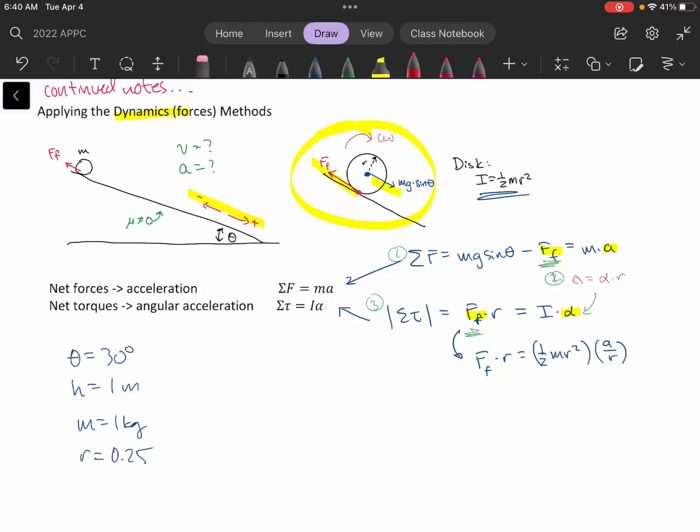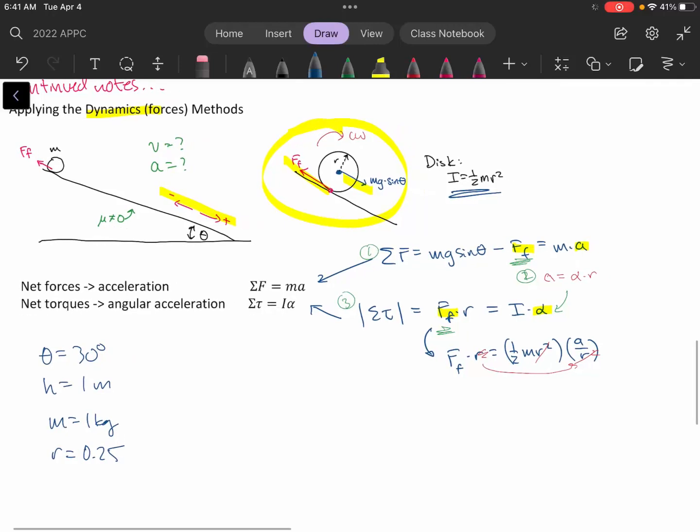And we can go ahead and simplify this a little bit. If I divide that underneath over to here, I'd have an R squared, and then that R squared would cancel with that one, and so force of friction would be equal to 1/2 m times a. That's kind of simple. The force of friction is half the mass times the acceleration.